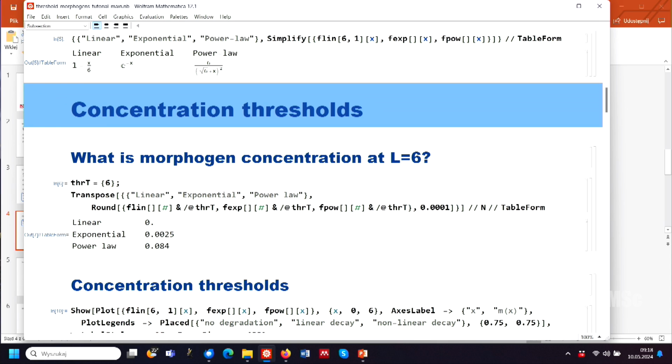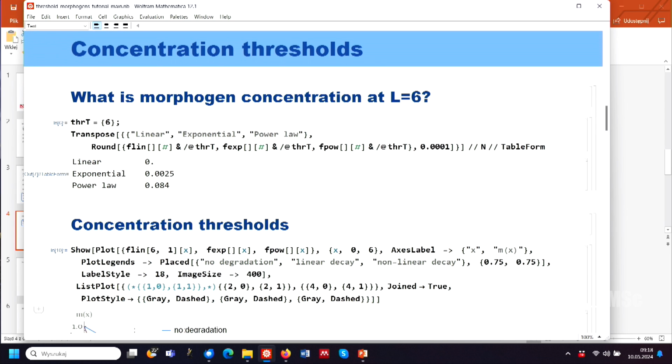I had one more observation: the concentration at the right end of the tissue, at L. Linear is 0 because we set this to 0, exponential would be really low. So I would say this assumption about L going to infinity works. And power law, I would say it's not so low, so if one would be fitting some data, one should take this into account.